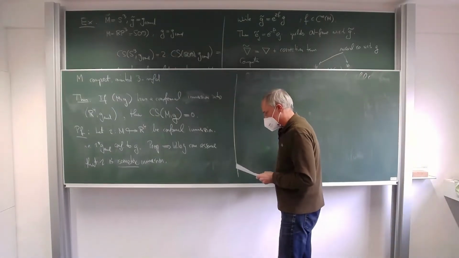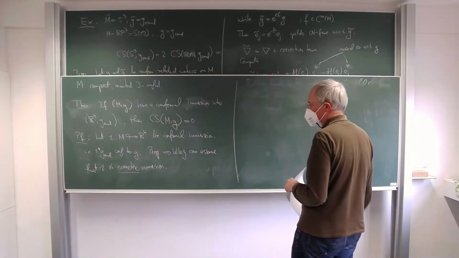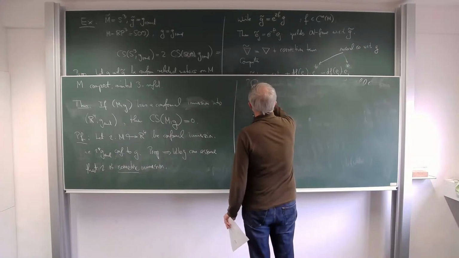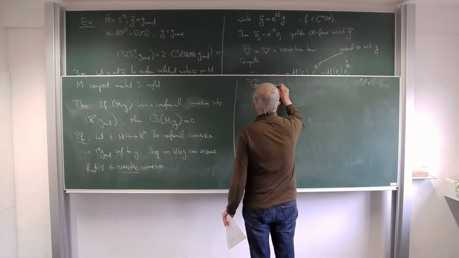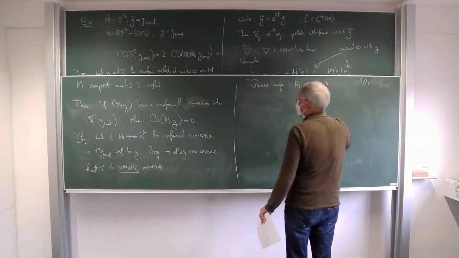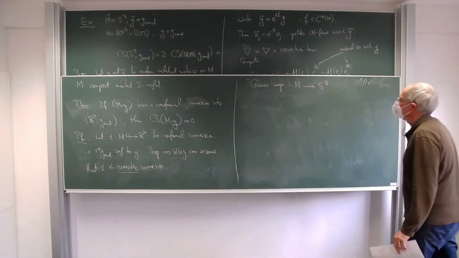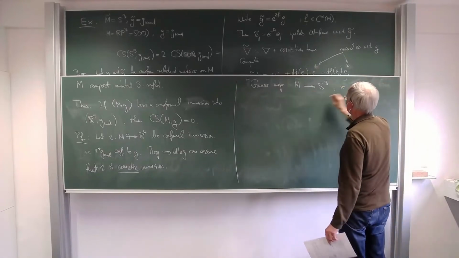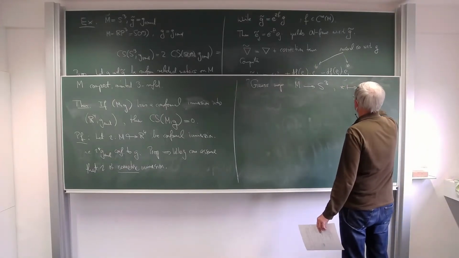Okay, and in order to proceed, we look at the Gauss map of this immersion. So that's a map from the manifold M to the unit sphere in R4, which sends a point x in M to mu of x.